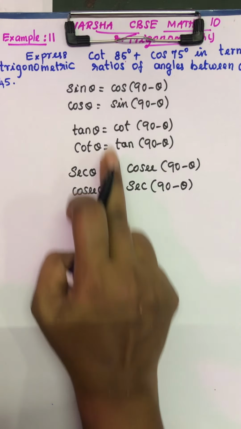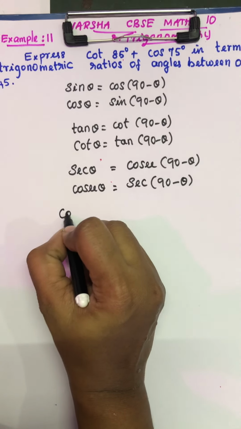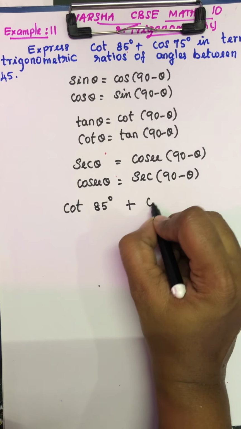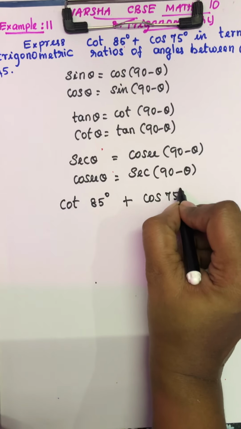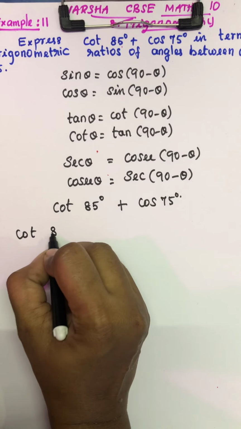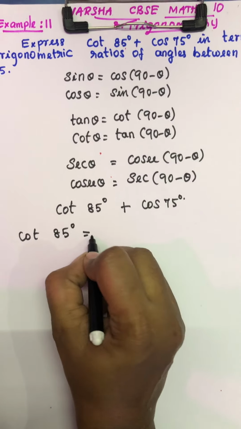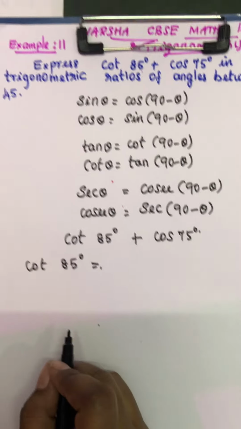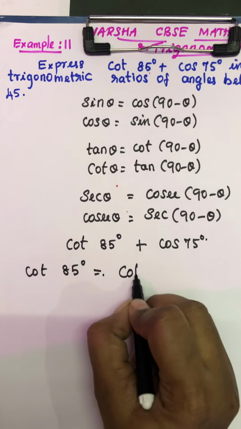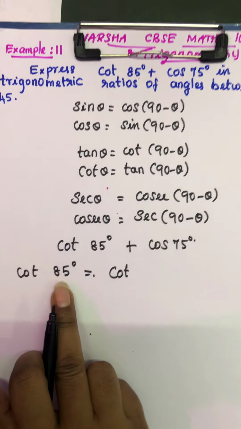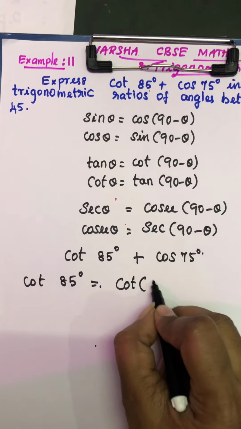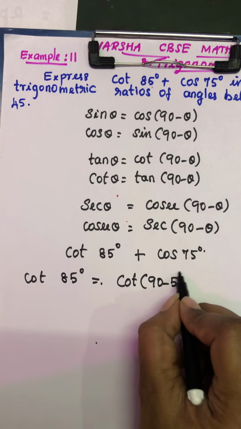Okay, see, now go to the question, that is cot 85 degree plus cos 75 degree. So first I am going to change cot 85. Okay, so first you have to understand how to change first. See, cot 85, you can change the 85 into 90 minus 5.